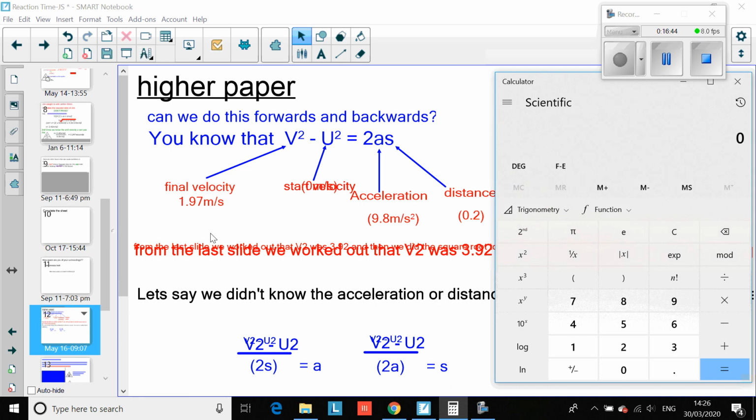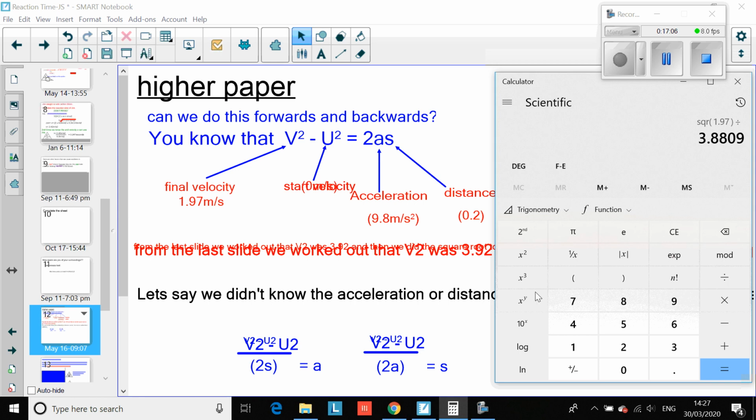Right, v squared. Now our velocity was 1.97 squared, minus 0, because our starting velocity was 0, so we can just leave that as it is.